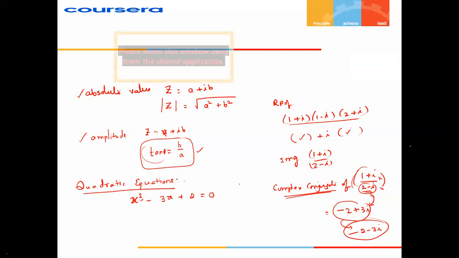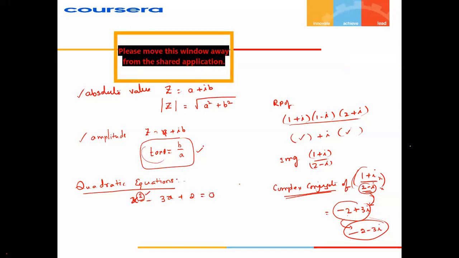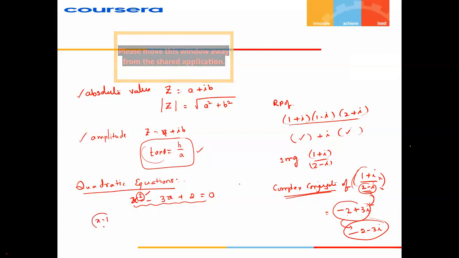Here the highest power is x square, so its degree is 2. Now, we need to find values of x which satisfy this equation. Suppose we put x = 1, then 1 square minus 3 into 1 plus 2: 1 - 3 + 2 = 0. That means it satisfies, so x = 1 is called a root.